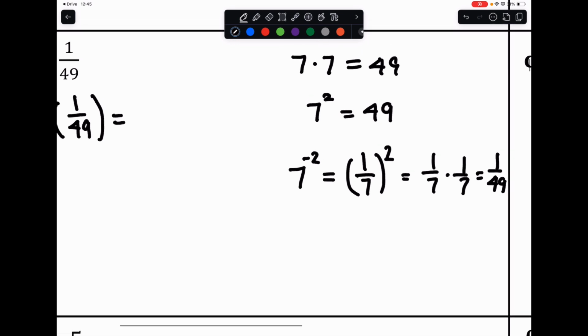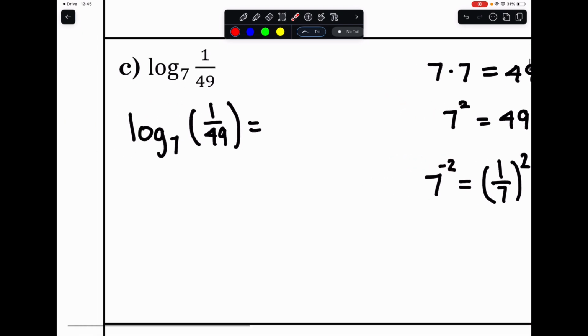So if we know that a positive exponent of 2 gives me 49, then to get the reciprocal of that, 1 over 49, I simply need a negative exponent. So here, the log base 7 of 1 over 49 ends up equaling negative 2 instead of a positive 2.